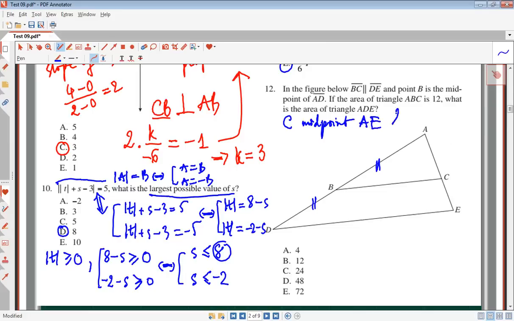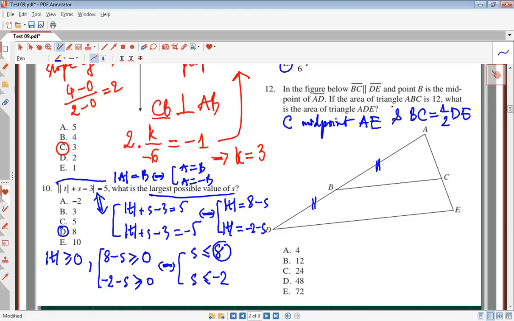And we have the measure of segment BC equal to 1 second of the measure of segment DE.